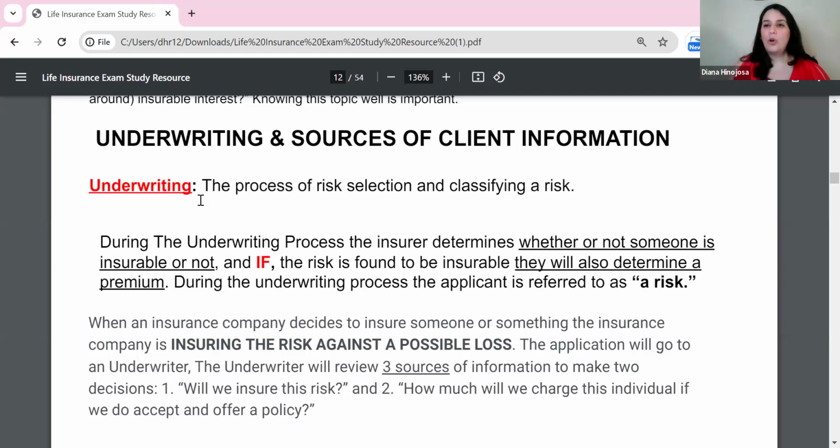So remember, during this whole process, the client isn't our client yet. They're not an applicant. The underwriter is thinking about them as a possible risk for the insurance company. Is this a suitable risk or not? That's what they're trying to determine. And then they want to find out what is a good price point to charge this person.